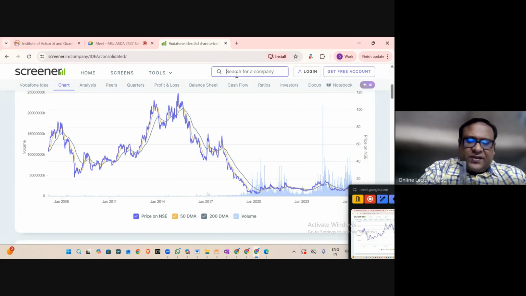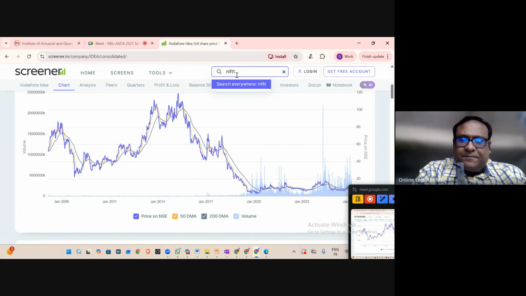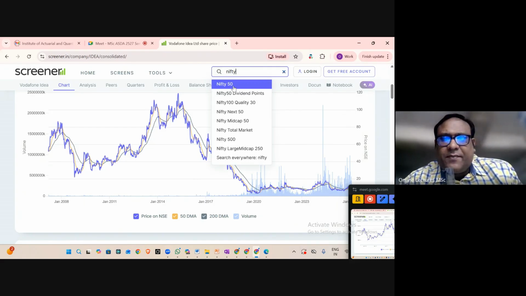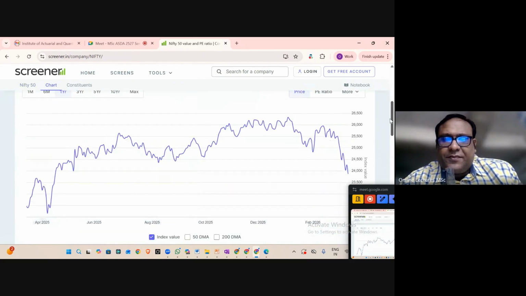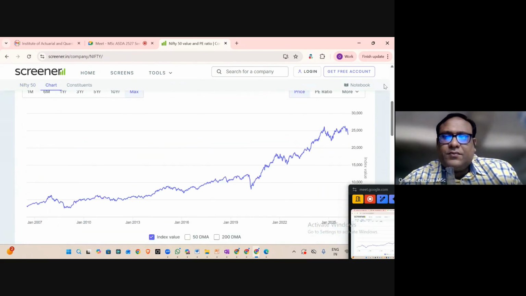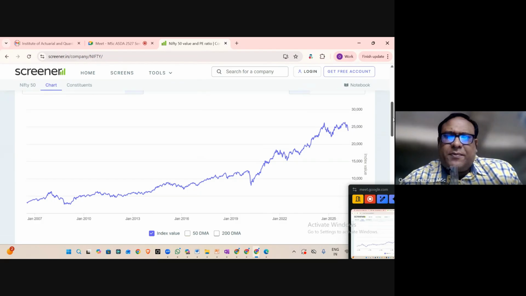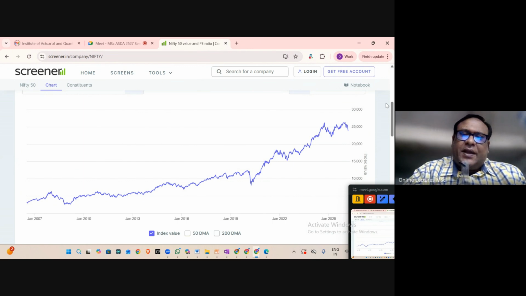Vis-a-vis, if I compare the Nifty representing the market for the same time period, Nifty has been going up consistently. This was a glitch during the COVID time, else it was a very good, smooth, beautiful upward market.